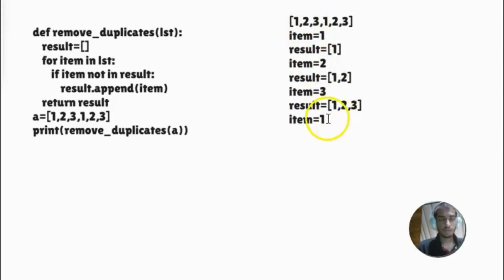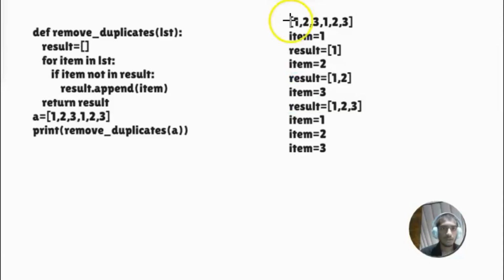The item 1 is already present in the result, so this condition is going to be false. Let's check item equal to 2, the next iteration. Again the condition is going to be false. Let's print item equal to 3 this time. You can see that the condition is going to be false again. The third item is also in the result. This is how this code is going to work.